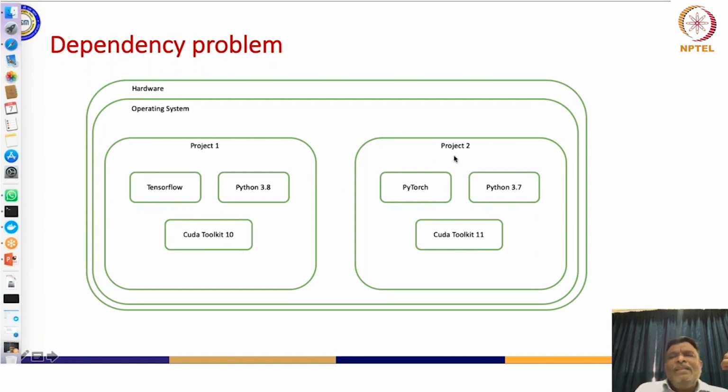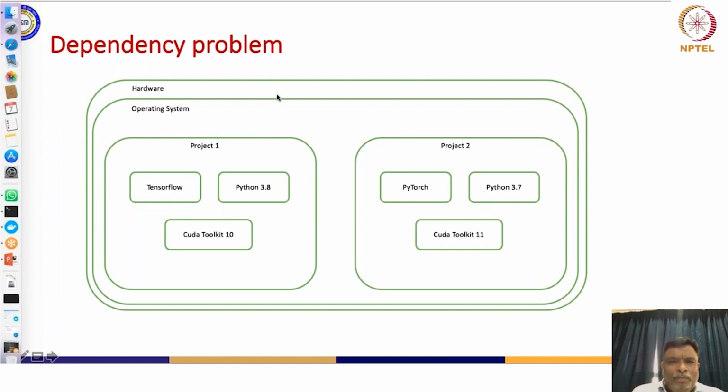There is another team which is working on project 2 and it's working with PyTorch, Python 3.7 and CUDA Toolkit 11. So what should we understand here? The problem is this particular team requires these things and this particular team requires these things, and all of them are supposed to run on the same operating system and then on the hardware, right?